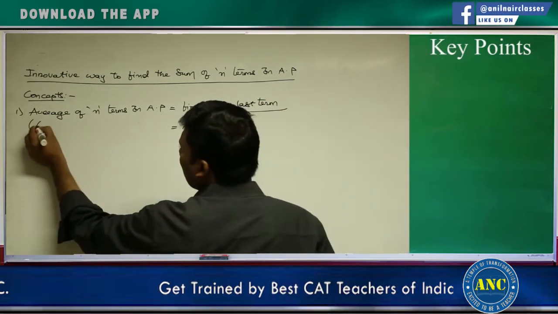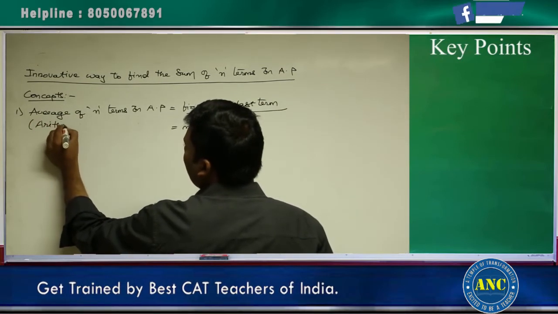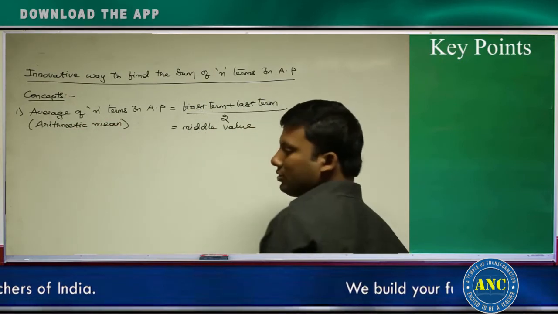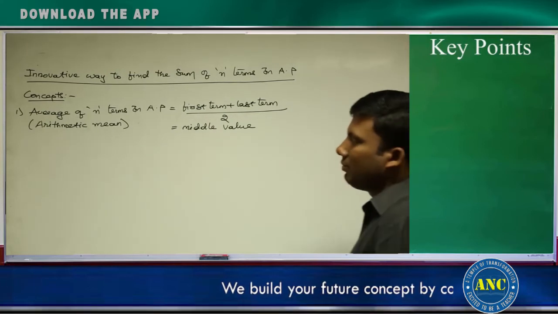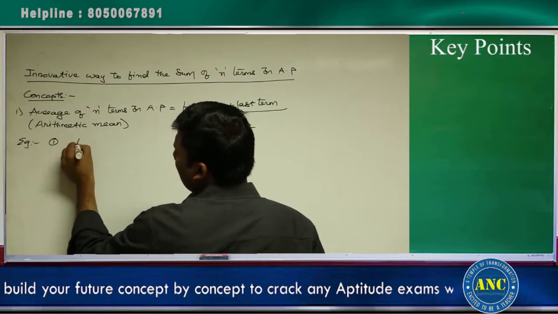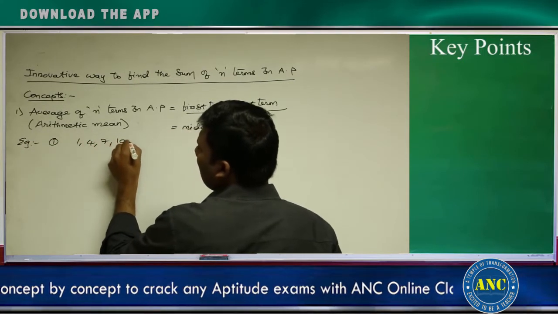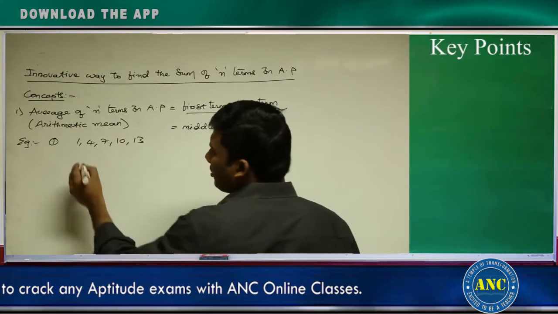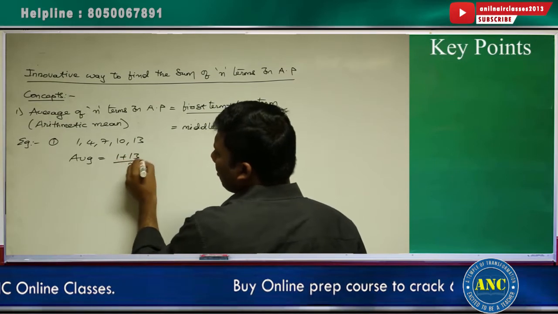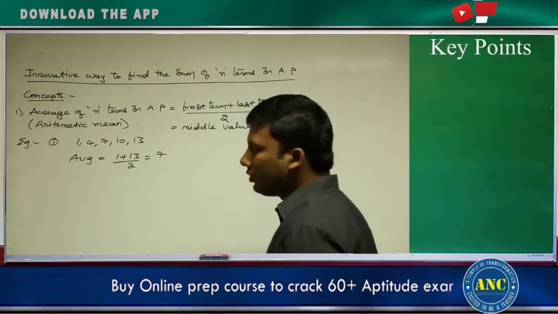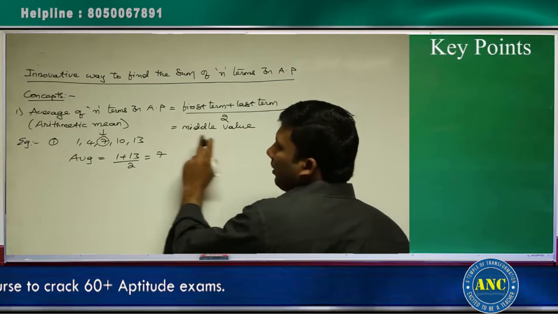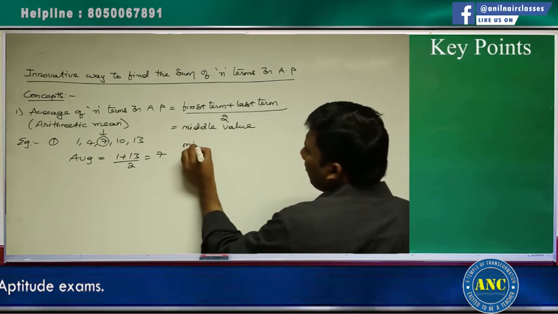Average and arithmetic mean both are synonyms. First term plus last term by 2. Suppose, for example, if I take the series 1, 4, 7, 10, 13, average will become first term plus last term by 2, 1 plus 13 by 2, which is nothing but 7. 7 is nothing but the middle term.